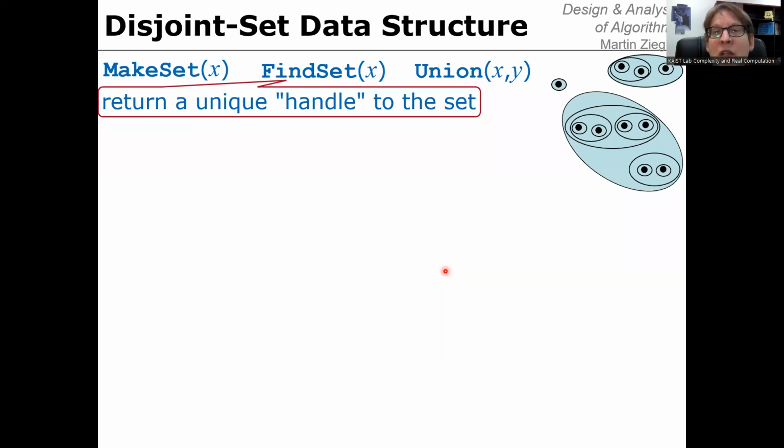That handle could be, in practice, a pointer, but generally speaking, it should be just some unique identifier that allows us to compare.